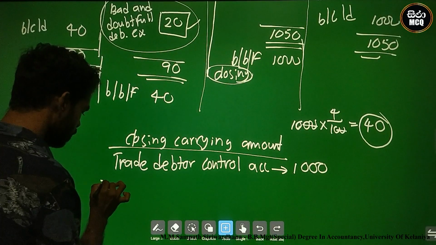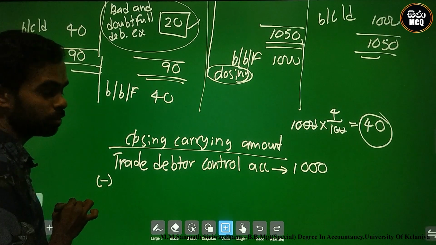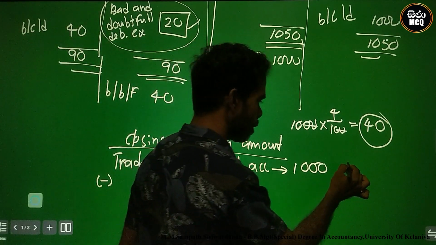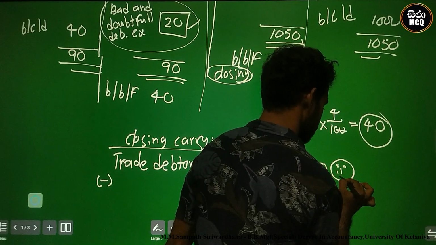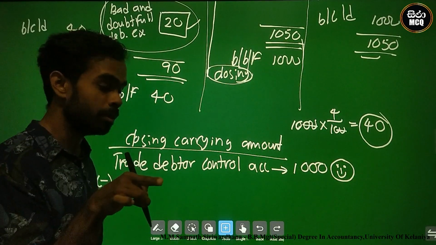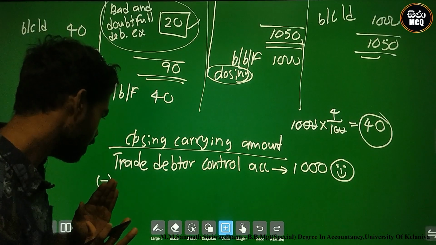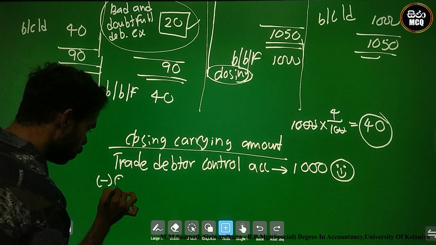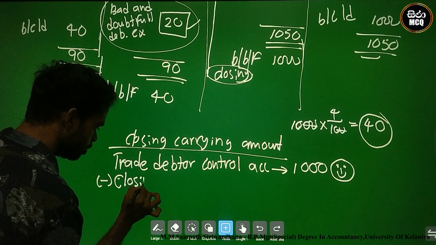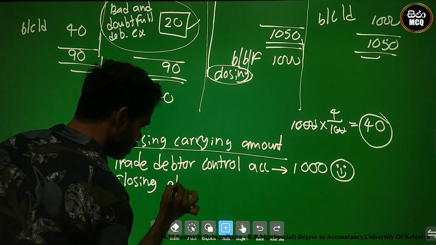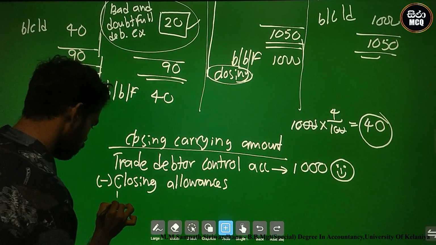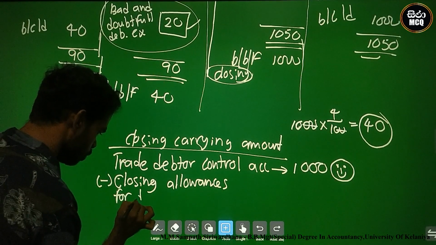After that we must deduct which account? There is allowances. This is the unhappy person. We must extract this in the carrying amount calculation: the closing allowances for doubtful debts.